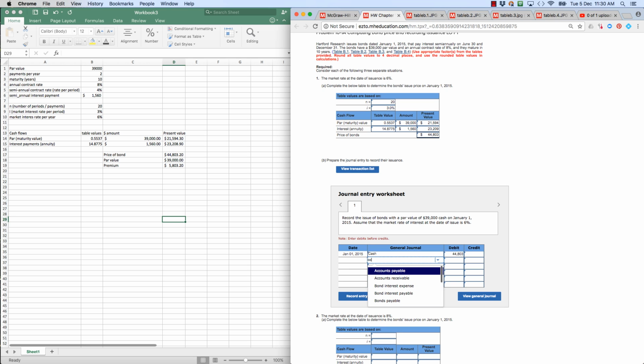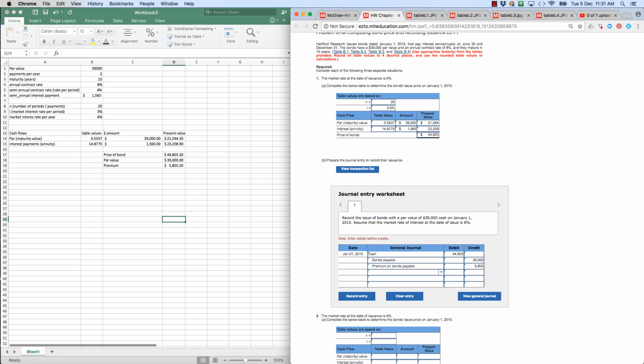So we're going to call it bonds payable. And we're going to credit bonds payable because it's a liability for $39,000. And then we have our premium on our bonds. That's the amount that we received that we don't actually have to pay back. $5,803.20, right?